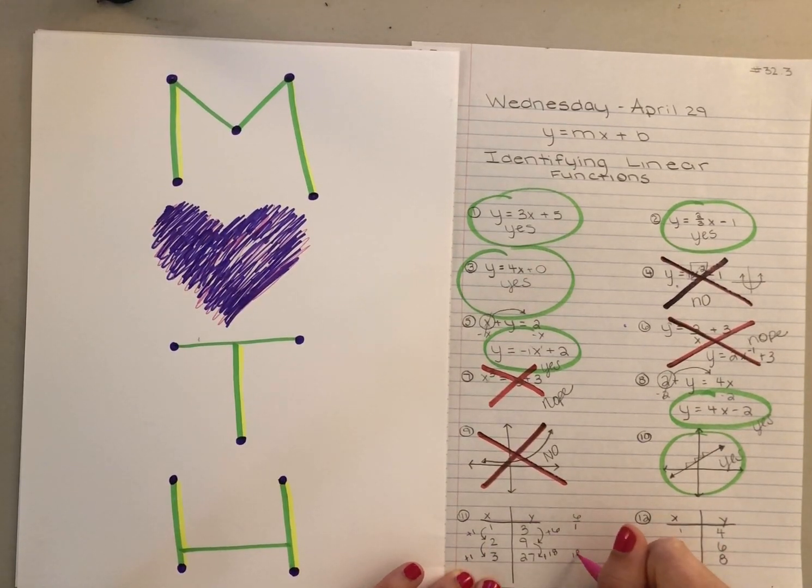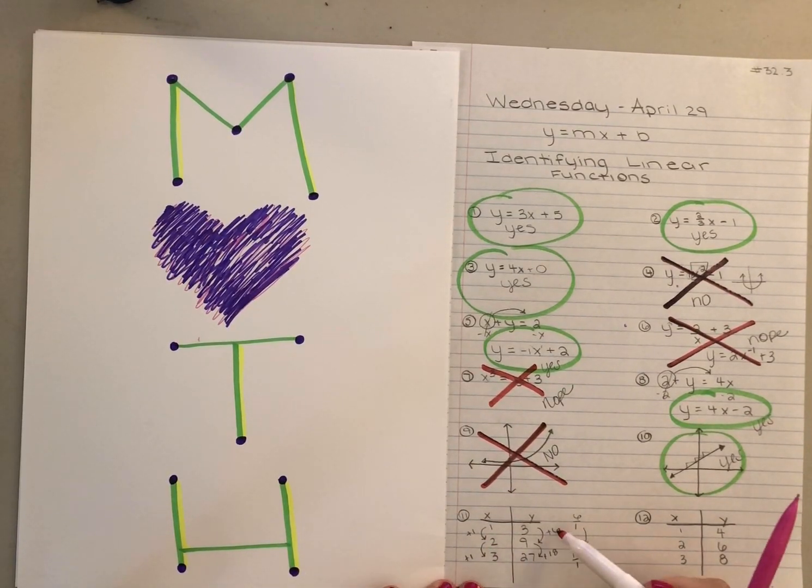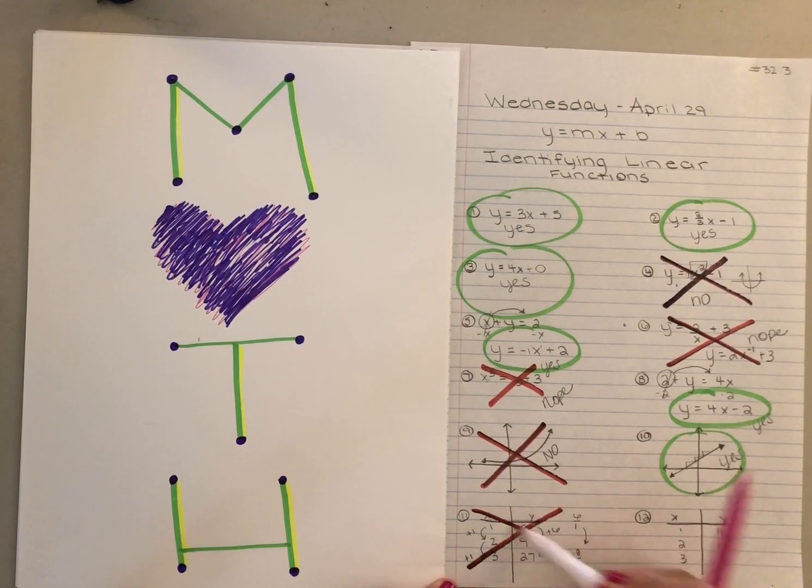So now my slope is 18 over 1. This is not a constant rate of change. If it were constant, it would be plus 6, plus 6, plus 6, as this goes up by 1. So this does not have a constant rate of change. It has a low rate of change and then a big one. That's a no. That's not going to make a line. If you don't feel confident doing it that way, just plot your points, see what it looks like, see if it makes a line or not.